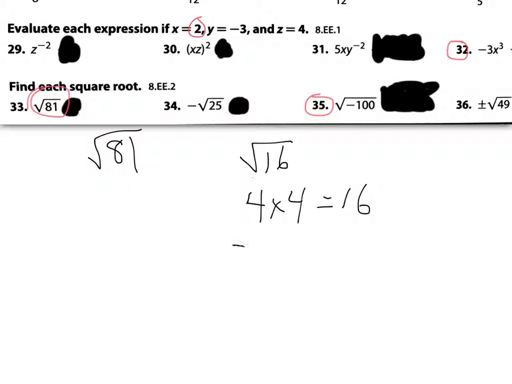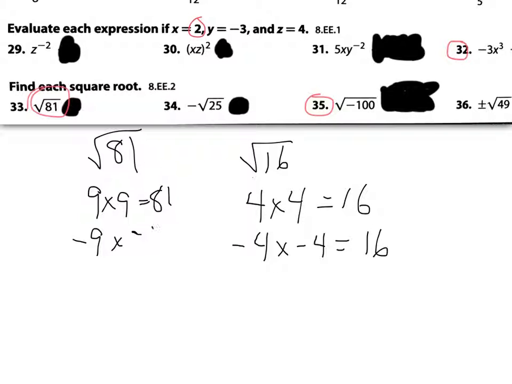But I know that she also likes you to put the negatives, because -4 times -4 equals a positive 16. So for the sake of this, we know that the square root of 81 is 9, because 9 times 9 equals 81. And we also know that -9 times -9 equals 81. So we would know that it's positive 9, and then probably for extra points you would get -9.